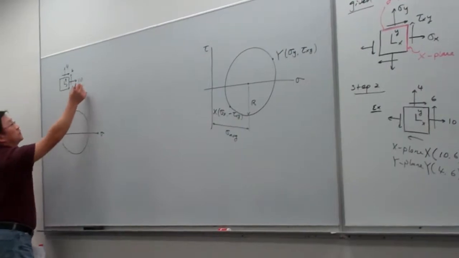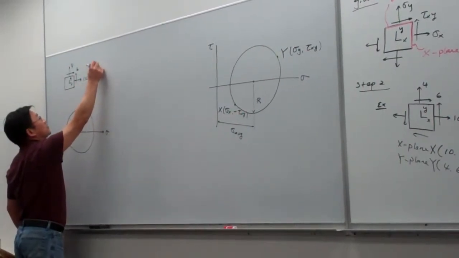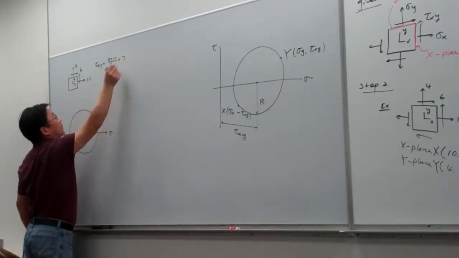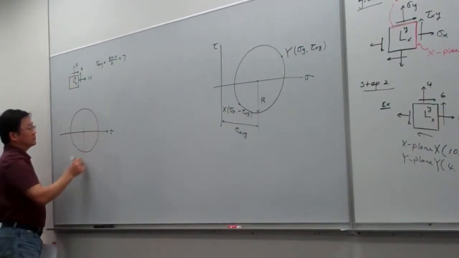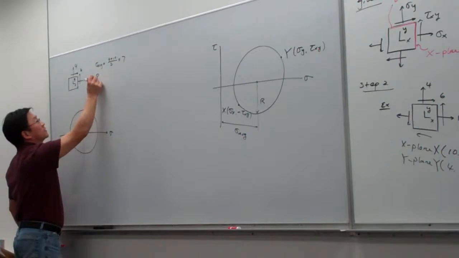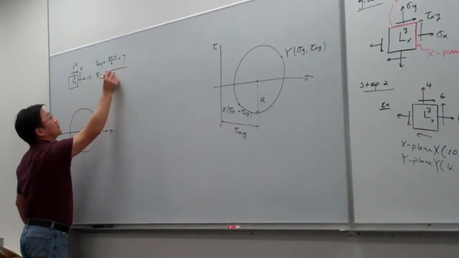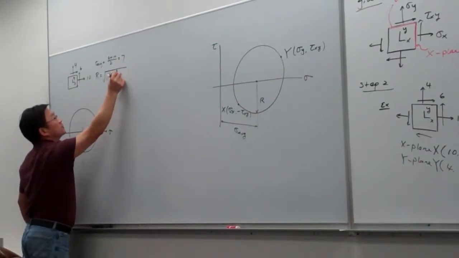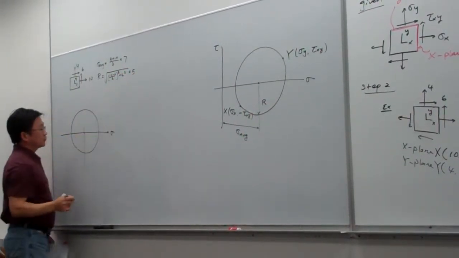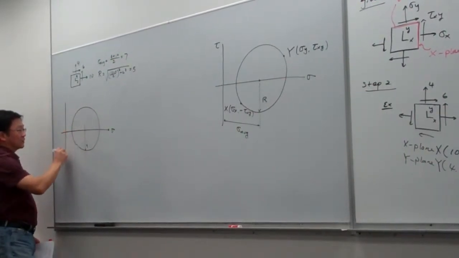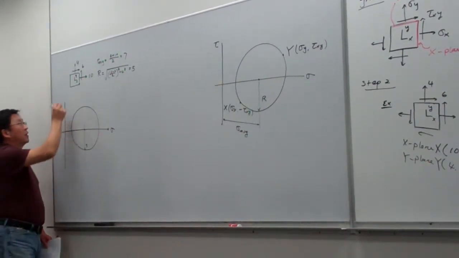The average for this one, we calculate the average equal to 4 plus 10 divided by 2 equal to 7. So from here to here is 7, and the radius equals the square root of (10 minus 4 divided by 2) squared plus 4 squared, equal to 5. So radius equals 5, and the center is 7. So from here, we can label the tau axis correctly.